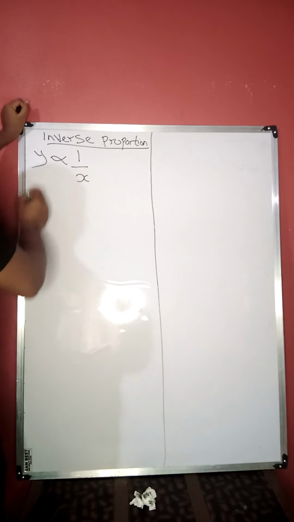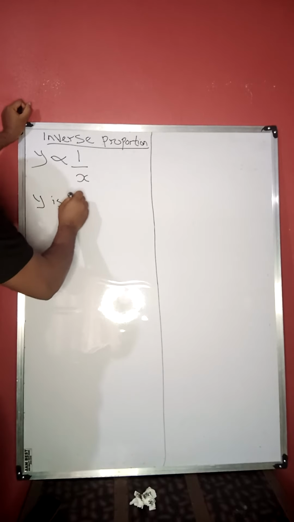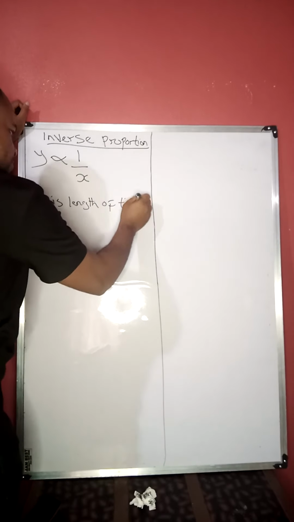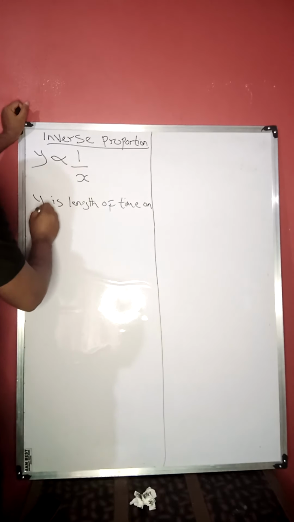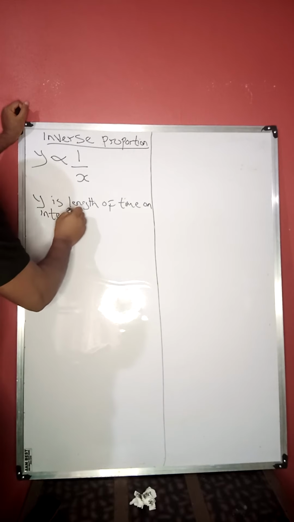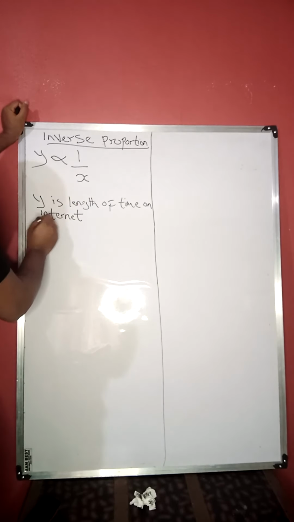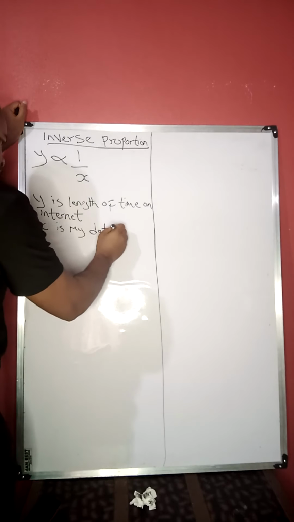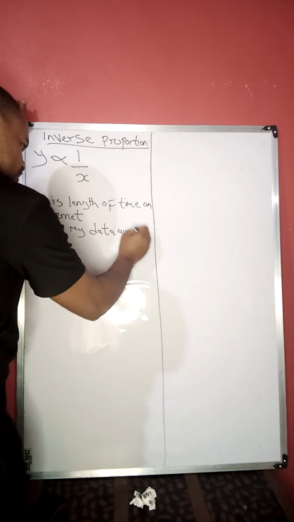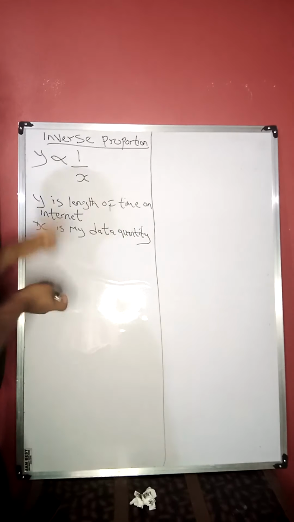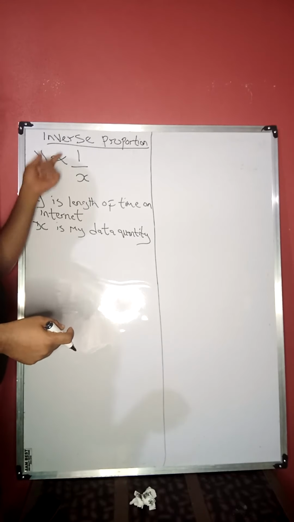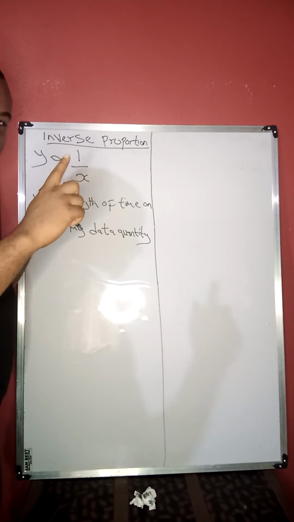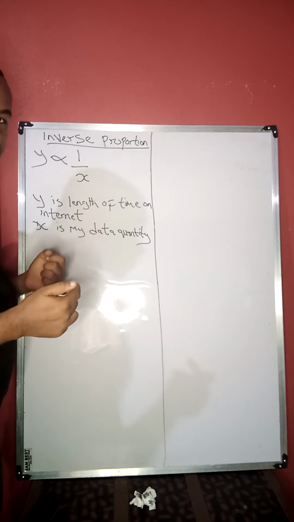I use the example saying y is length of time on internet, while x is my data quantity. So the length of time I spent on internet is inversely proportional towards my data quantity. So the longer I spend on the internet, the lesser my data quantity.